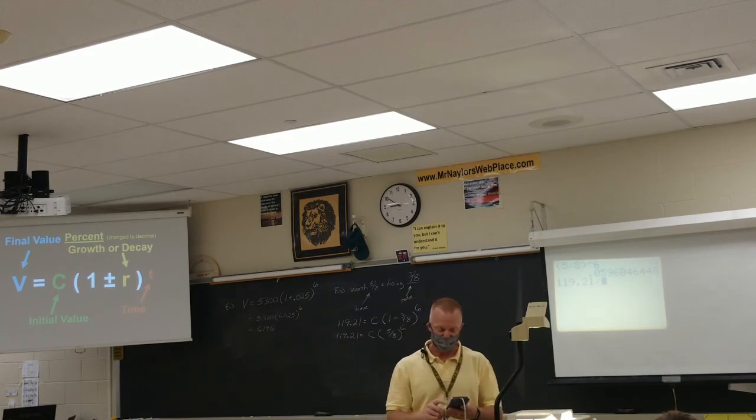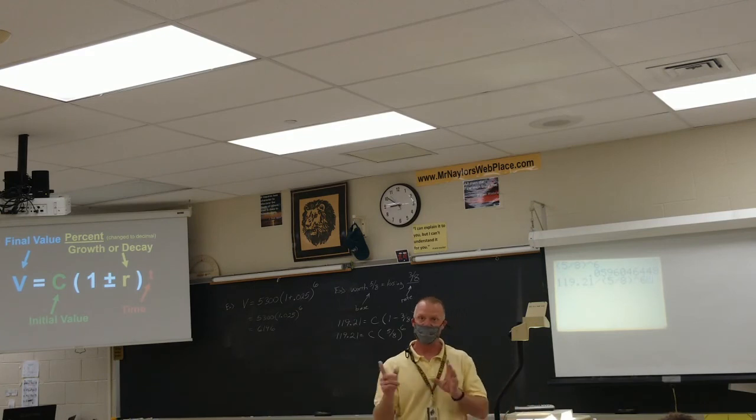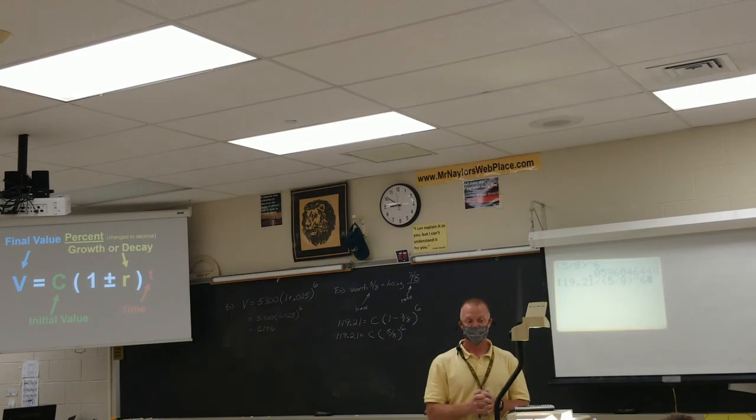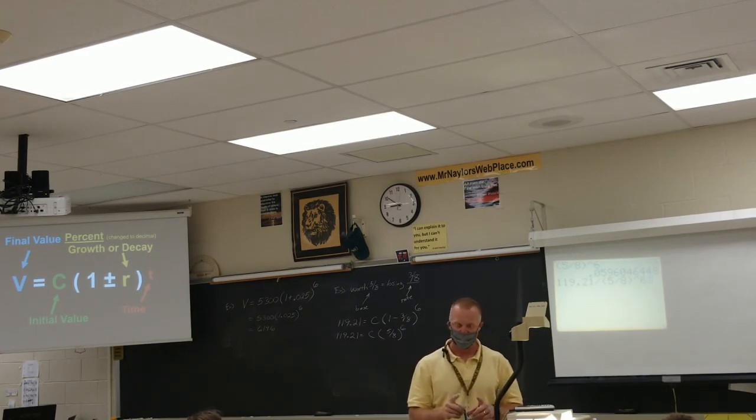Or you can say, okay, we're just going to be dividing both sides by that sloppy thing. So it's kind of up to you if you want to type it all in at one step, or if you want to break it down. I actually want to show you that we could take 119 and just divide it by 5/8 to the 6th power. I encourage you not to copy down the decimals or not to round the decimals.